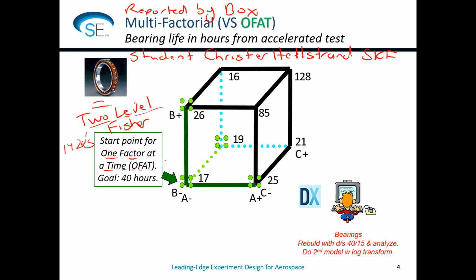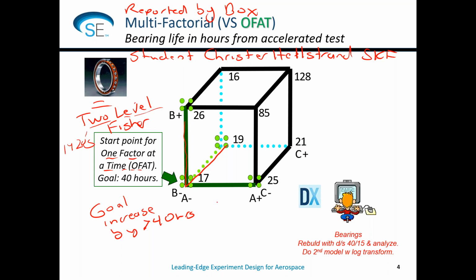And amazingly enough, people like Hellstrand and SKF had no clue about this because they were stuck in this corner of one factor at a time. And basically what they were trying to do is get a huge increase in the life of the bearing. Let's say the goal was to increase this accelerated life by at least 40 hours, because the Japanese had gone so far ahead.